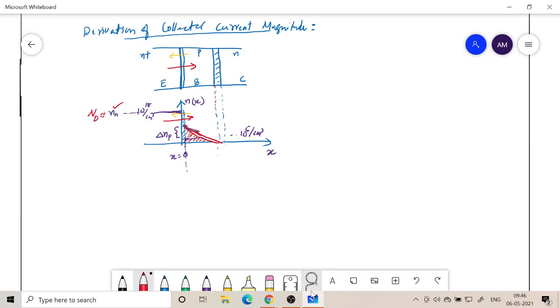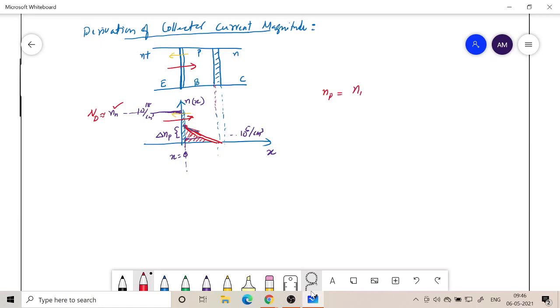So when you forward bias this junction, we are reducing the barrier and letting these electrons go into the other side. And on the other side, we have calculated the number of electrons in the P side.